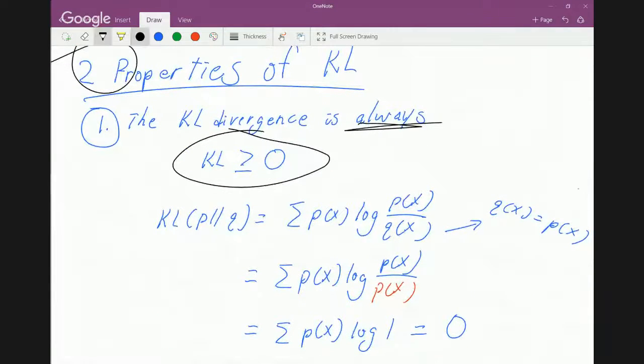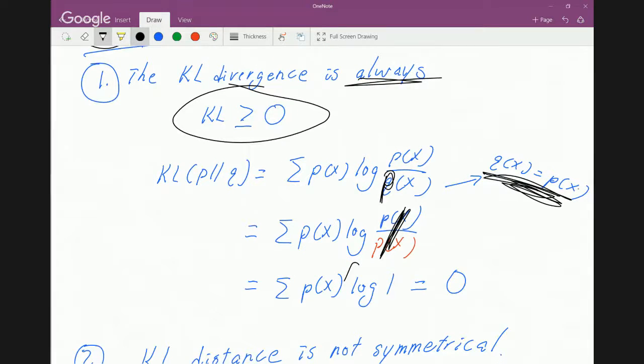Now, here's the equation, right? If we replace this with P, so that P and Q are basically the same, they're so close together, they're the same, notice that this becomes 1, and log of 1 is always equal to 0. So 0 is the smallest possible distance. It doesn't get closer than that.